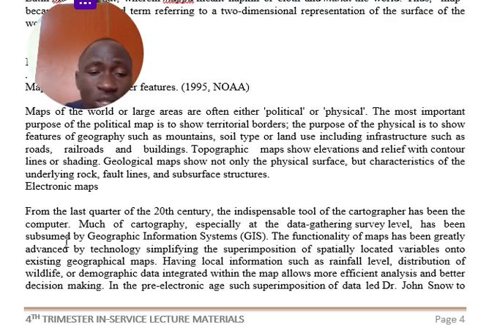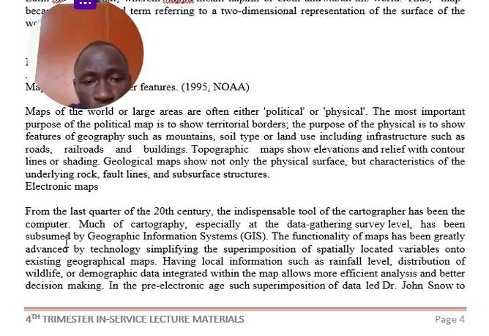Then the other they are talking about are what we call the fault lines as a result of faulting. So those are the maps that show those things, and those ones we have termed topographic maps. They show elevation and relief with contours, lines or shadings. So those are topographic maps.